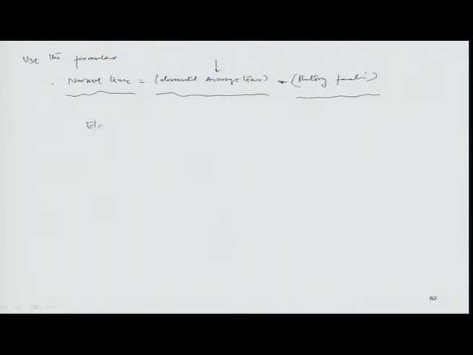For example, if I look at element 1, you have a total elemental average time given as 0.251 time units, let us say minutes, and I have a rating factor for the operator who is delivering element 1, who does it at 110%. So, the rating factor is 1.10. I will have the normal time estimated in this case as the elemental average time times the rating factor. This becomes equal to 0.2761.